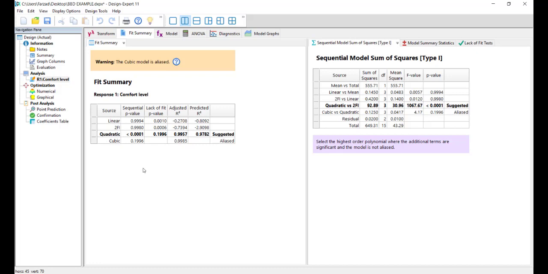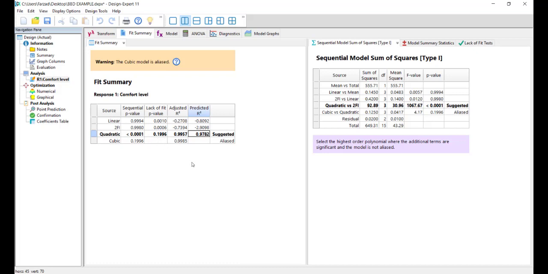We have already discussed that in previous lectures. It will have different terms for each. But what we usually use is the quadratic, and you can see here it is also suggested by the software. So in this summary table, you need to check which model is suggested by the software. Here it is quadratic, and you can see here lack of fit is not significant.